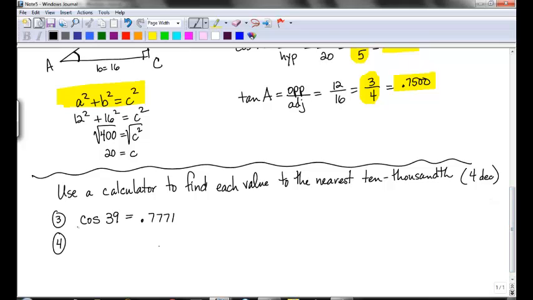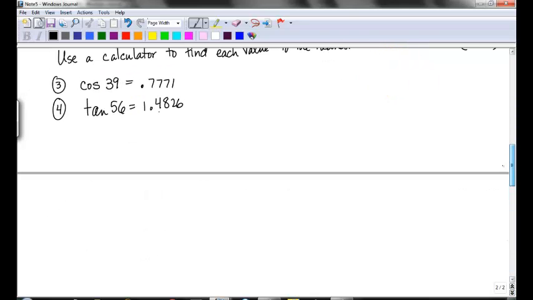Okay, on number 4, if they said figure the tangent of 56 degrees. Okay, so you just punch in tangent of 56, and it's 1.4826. Okay, everybody get that? Okay, on number 5, if I said find the cosine of 89 degrees.